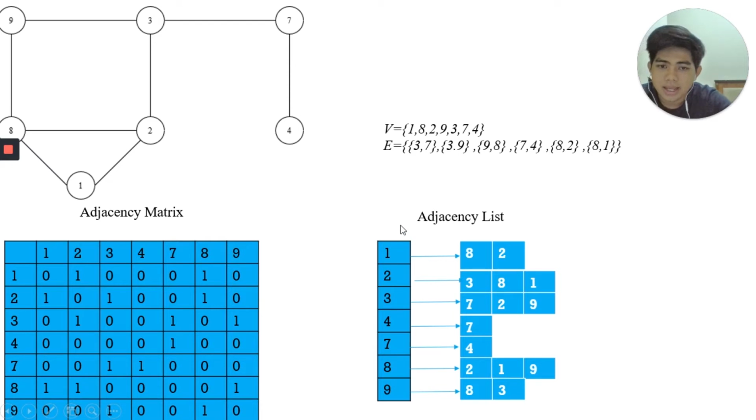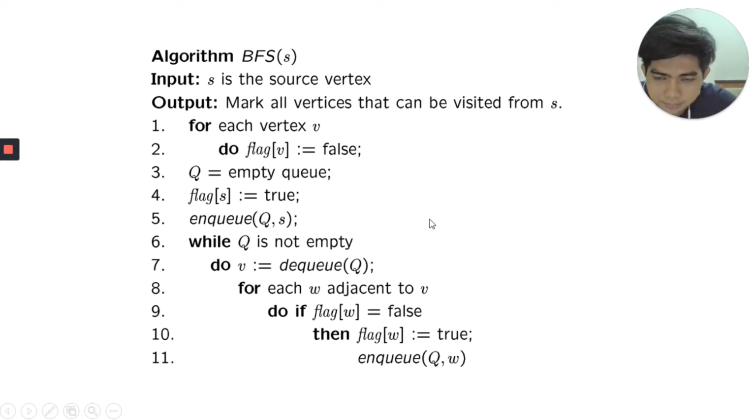And this is the adjacency list, where we put all of the vertices here and then put their neighbors here. Next, we move on to the breadth first search. The function of breadth first search is to find whether there is a path from the source to all of the vertices in the graph.